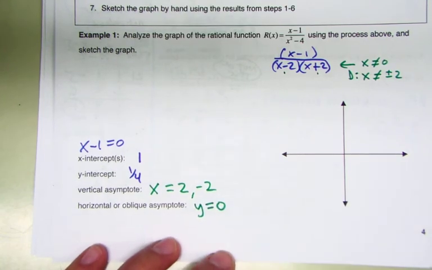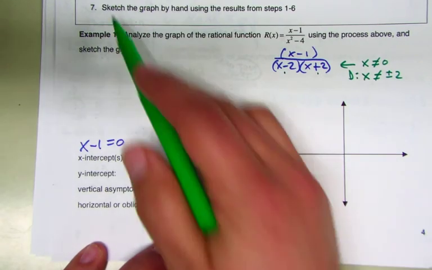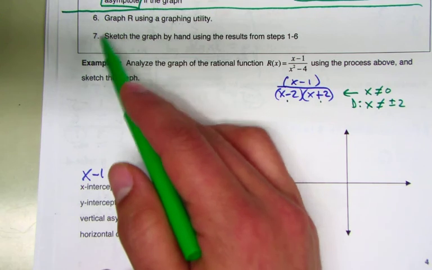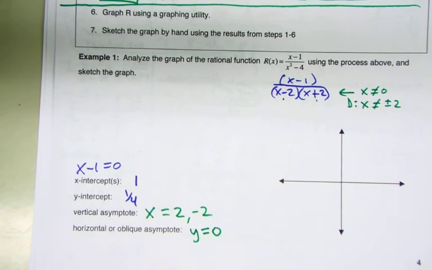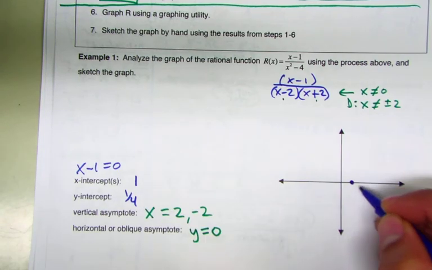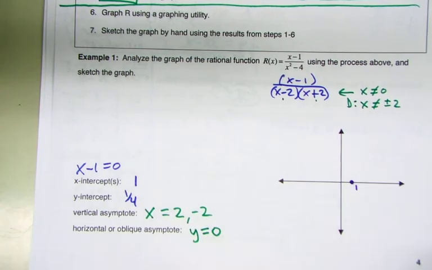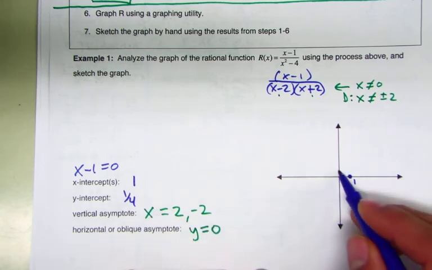Okay, so now here's what I'm going to ask you to do. Before you graph and start drawing the picture, before you use the graphing calculator to figure this out, just label your graph with these details. So for example, the x-intercept is 1. So I'm just going to put a dot or a point there and label it 1. The y-intercept is 1/4.